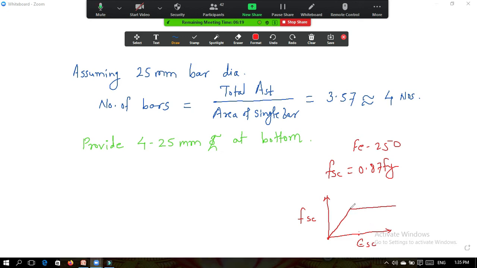Below this point, you simply multiply the strain by Young's modulus to get the stress. So this is Fsc equal to 0.87 Fy.